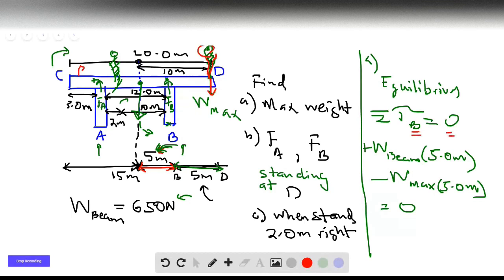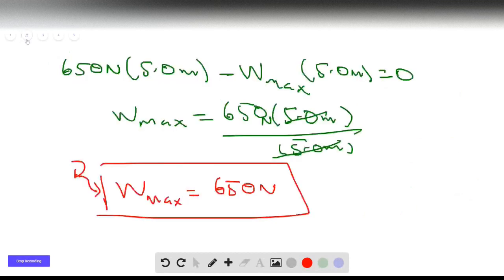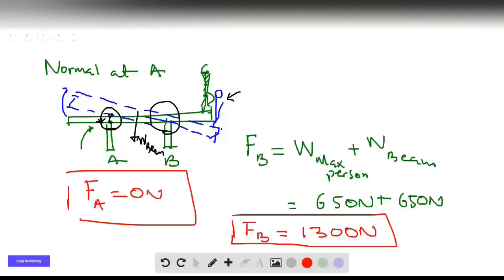The beam produces torque in the counterclockwise direction, so it's positive. And the person produces torque in the clockwise direction, so it's negative. That sum is 0. In the next page, we plug in the numbers and get the maximum weight to be 650. We want to find the reaction force at A when they're pushing downwards.